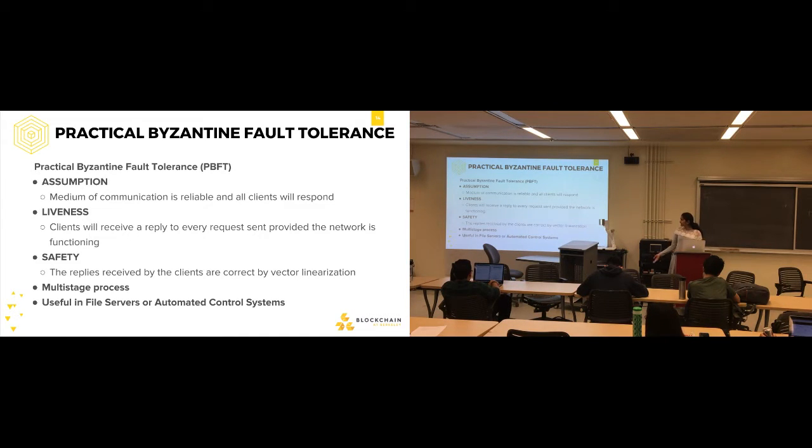So another consensus mechanism is practical Byzantine fault tolerance. It was one of the first few papers to be published, in 1999 by Microsoft Research, trying to solve the Byzantine generals problem. One assumption this consensus protocol makes is that the medium of communication is going to be reliable and that all clients are going to be responsive.